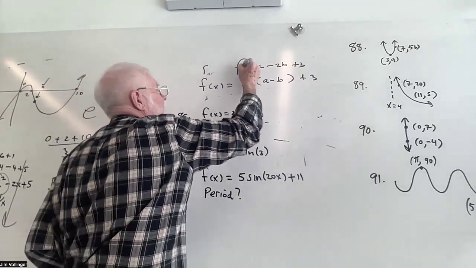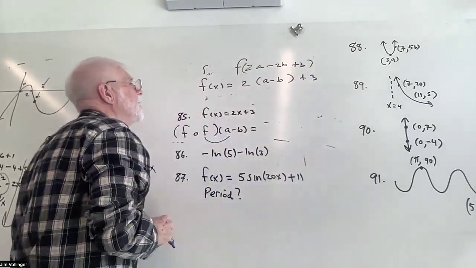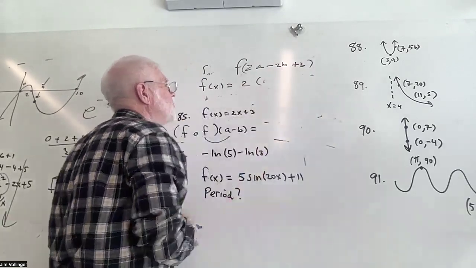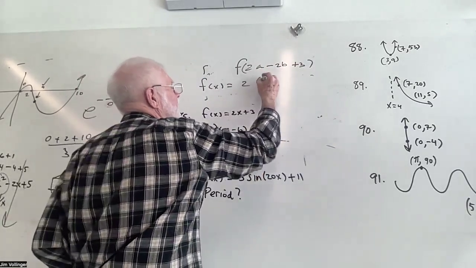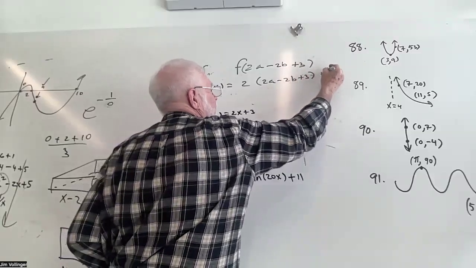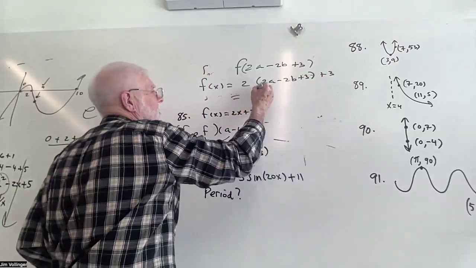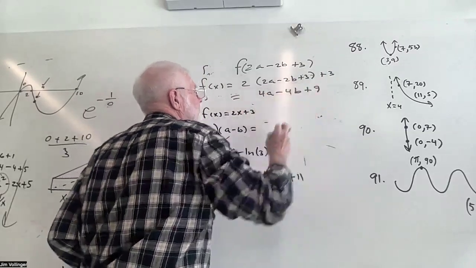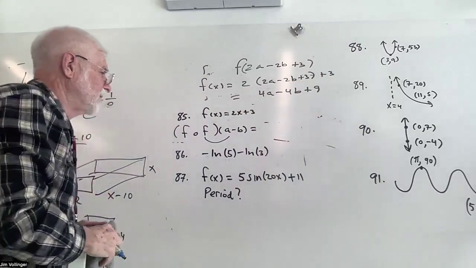So now I've got to do f of this. And what does f of x ask me to do? It asks me to double the input and add 3. So my new input is 2a minus 2b plus 3, and then I've got to add 3. So your final answer: 4a minus 4b plus 9. All right, so that takes care of this one.